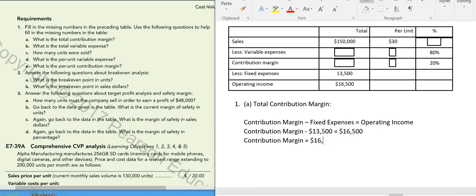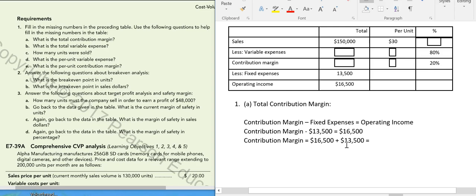We can take this 13,500 with the minus sign to the other side of the equation, and it will be a plus sign. It's very simple middle school algebra. So 16,500 plus 13,500. These two together will give you the contribution margin. When we take any part from one side to the other side of the equation, the sign will also change, so the minus sign changes to a plus sign.